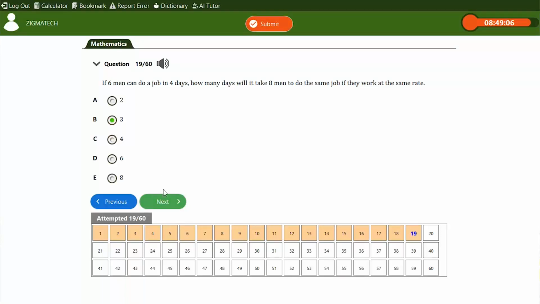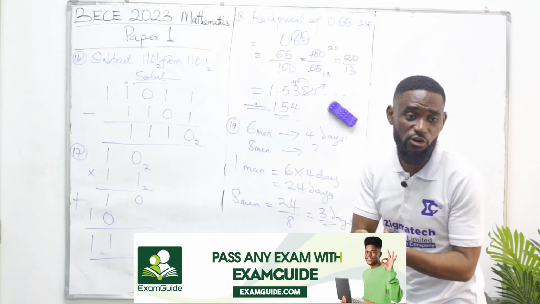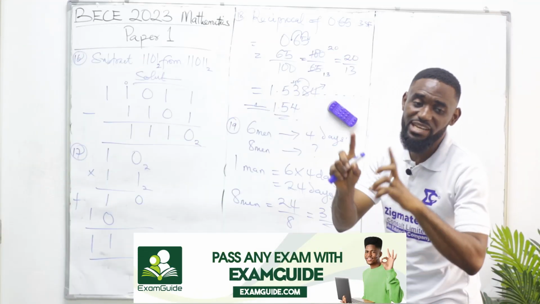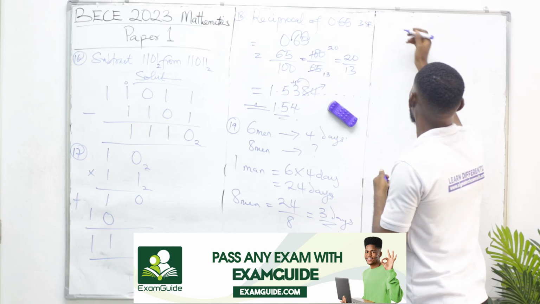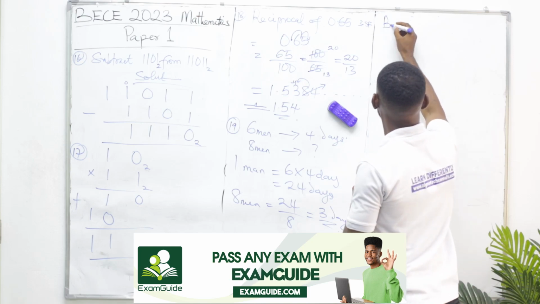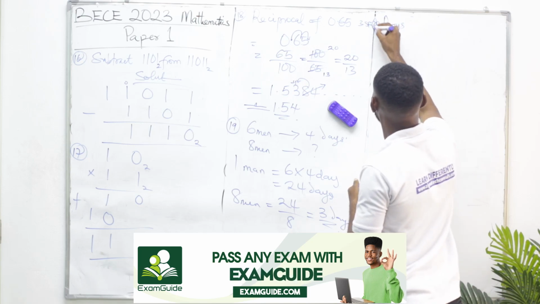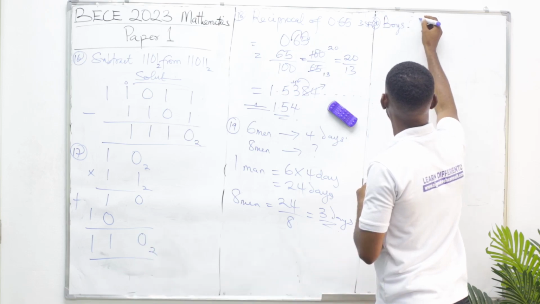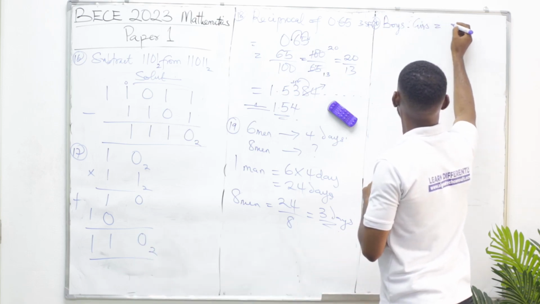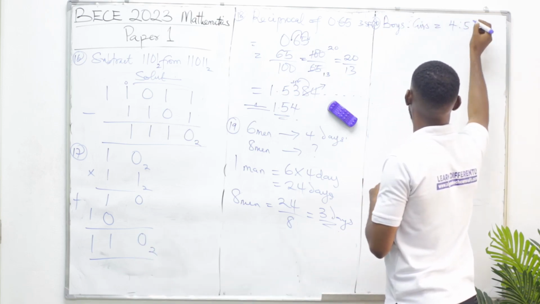So let's look at the next question, number 20. The ratio of boys to girls in a mixed school is 4:5. So boys is to girls in the ratio of 4:5.